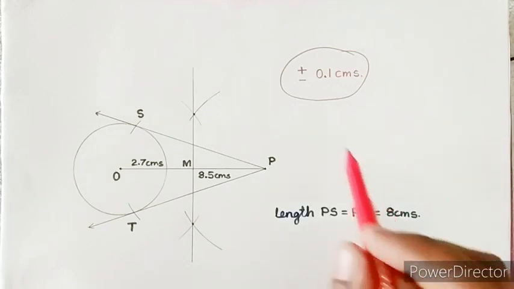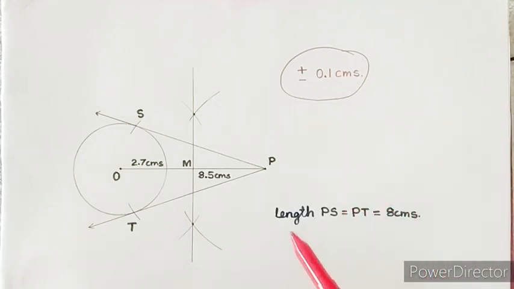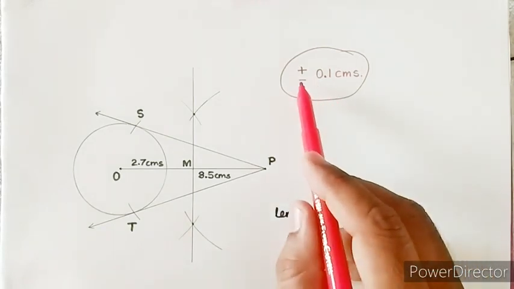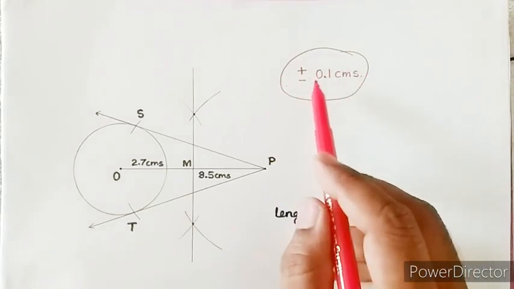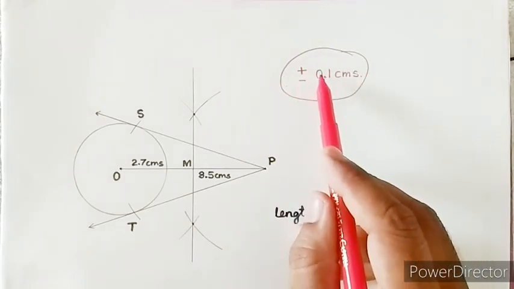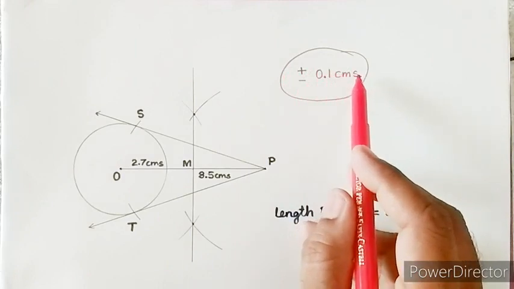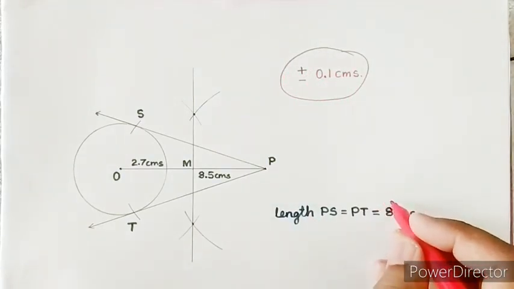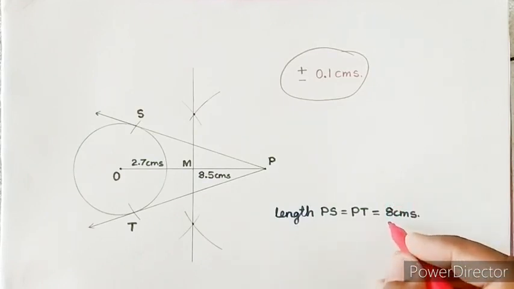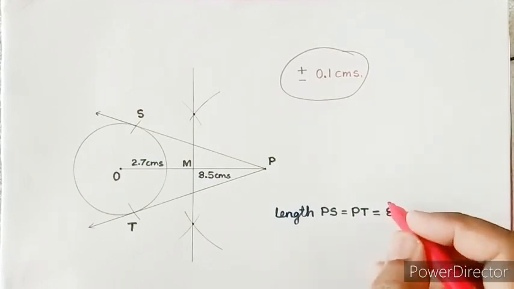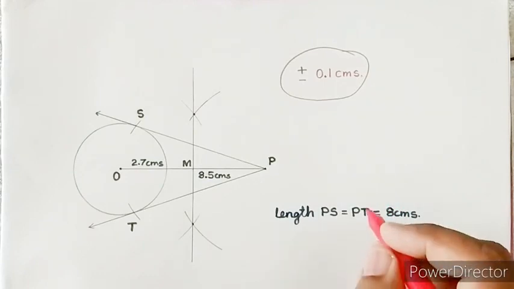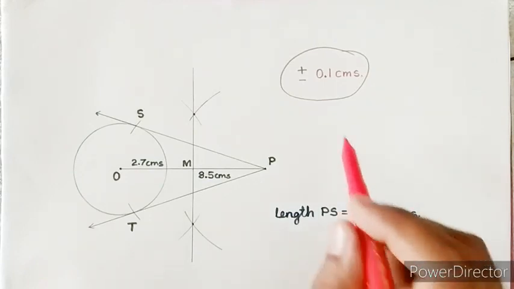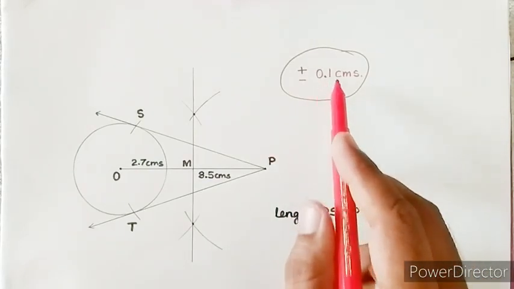So that will be considered as 8 centimeter, or it will be correct, because the error they consider is plus or minus 0.1 centimeters. So instead of 8, if you're getting 7.9, it's correct, or if you're getting 8.1, it's okay, but anything less or more than that you may not get full marks. Okay, so error is plus or minus 0.1 centimeters.